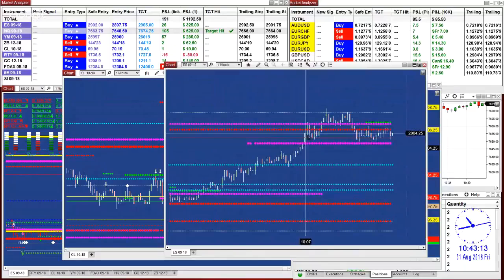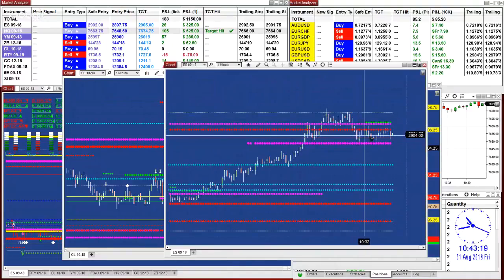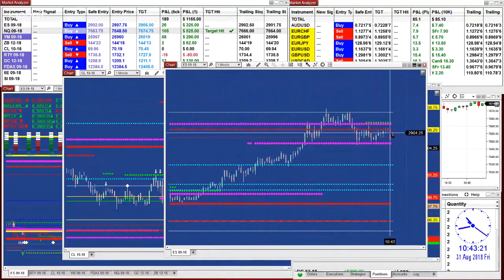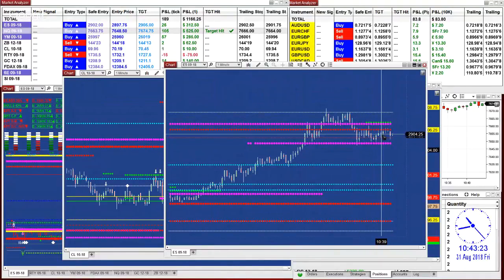We started the chop at 10:07, and we've never been able to get out of that chop. So how much do you want to invest on the ES when you find out it is getting stuck in this area here? How much are you willing to invest on it?